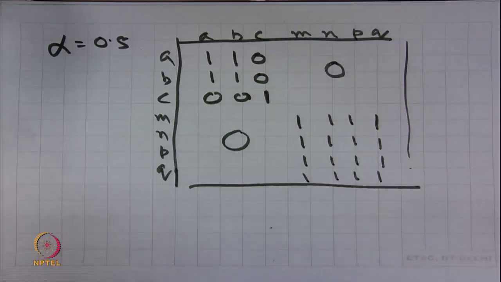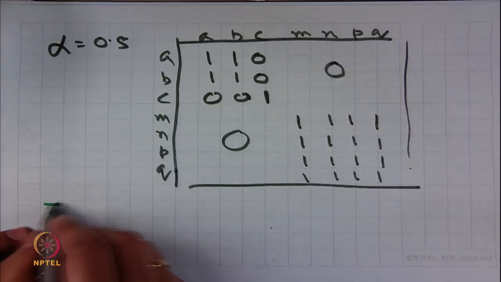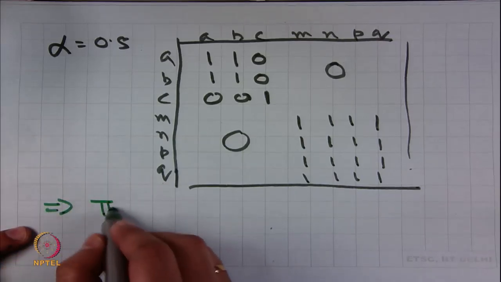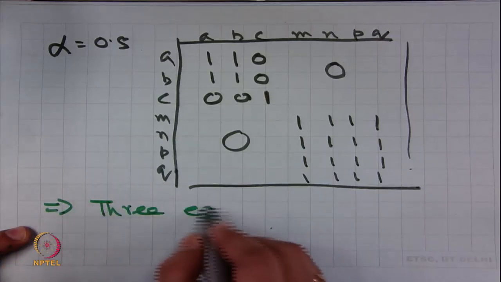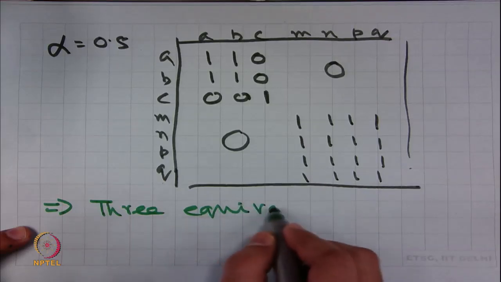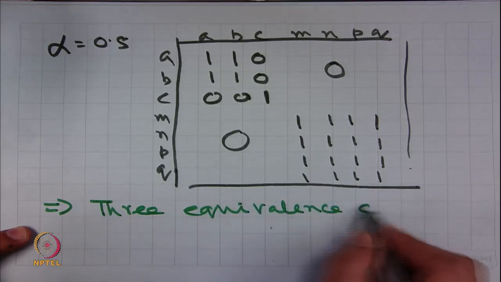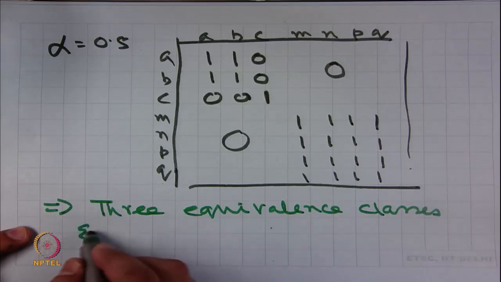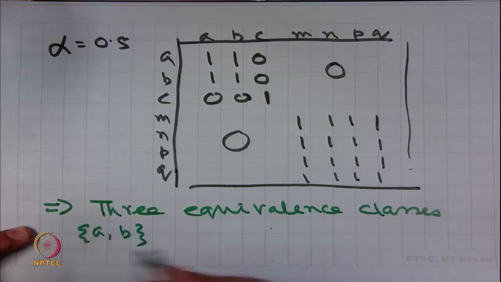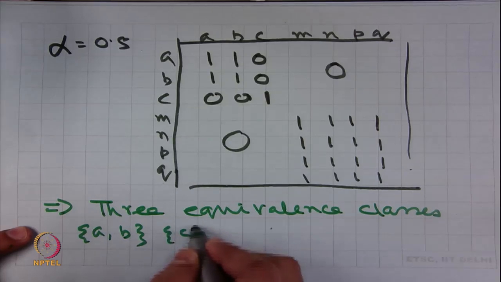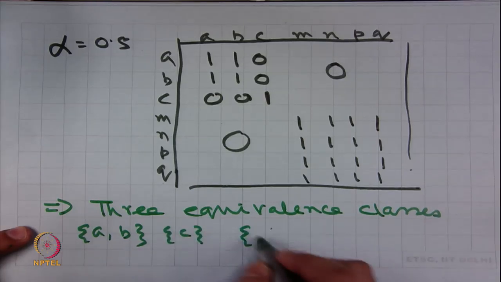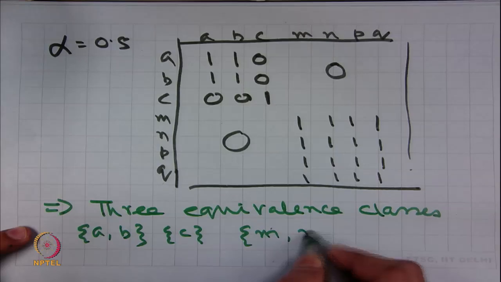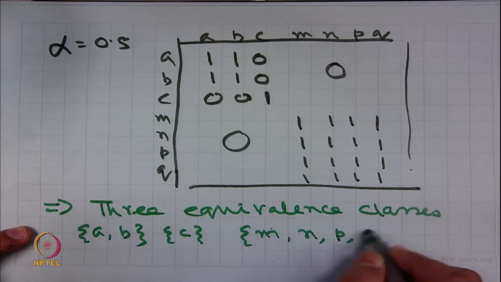So, that gives us 3 equivalence classes, namely A, B, C and M, N, P, Q.